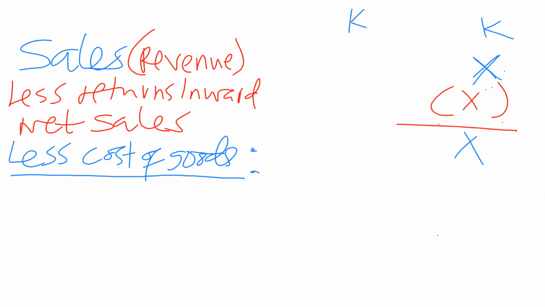Now, from the net sales, let's start with the opening stock. Opening stock is same as opening inventory. In the trial balance, it shall not be written as opening stock. You just check the dates. Look at the period that you're considering, and then there will be the date.